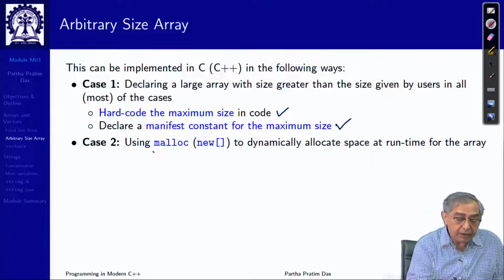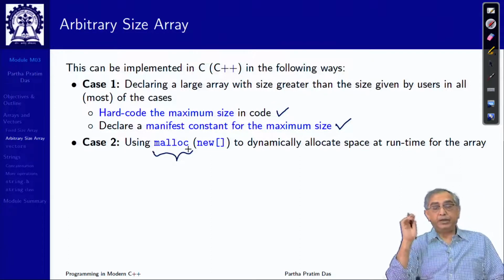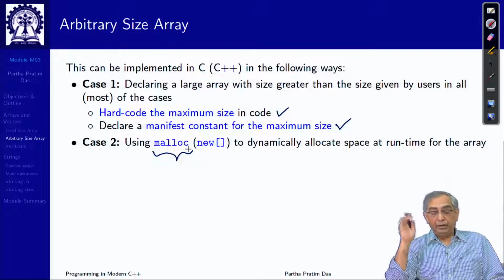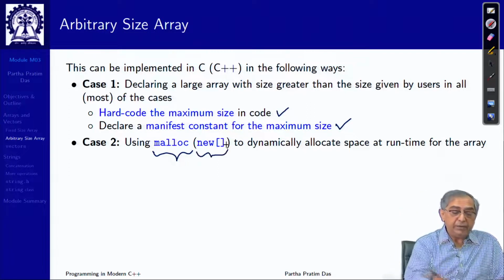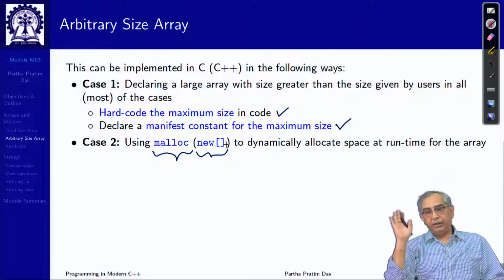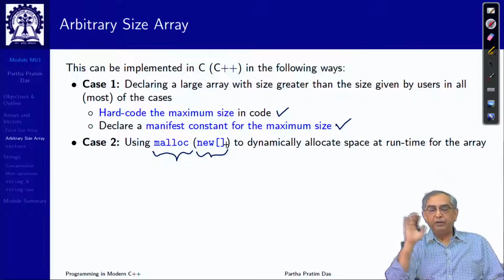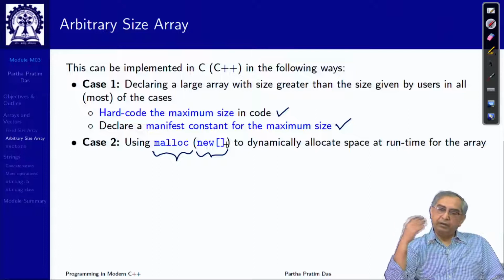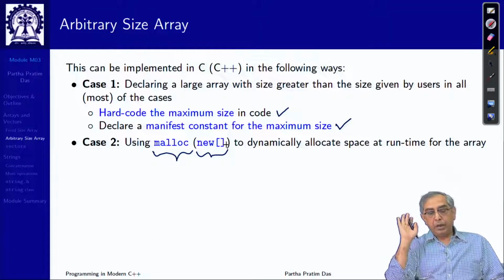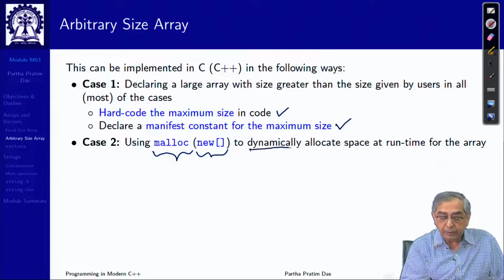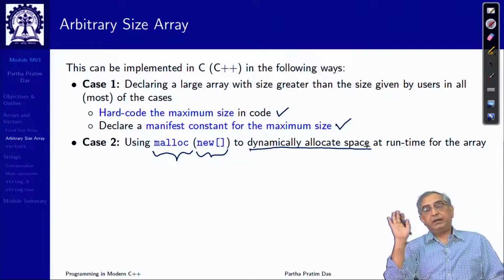So, what you can do is use dynamic allocation using malloc. There is a C++ equivalent of that called new, which you will learn later on, but know that there is an equivalent of this. Even malloc itself will also work in C++. This will help to dynamically allocate space at the runtime.